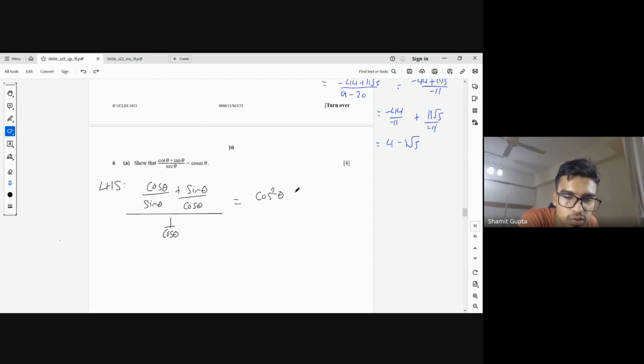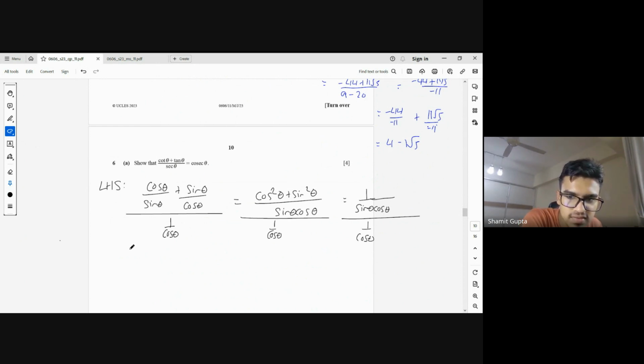It will be cos squared theta plus sin squared theta over sin theta cos theta, over 1 over cos theta. So it becomes 1 over sin theta cos theta over 1 over cos theta.